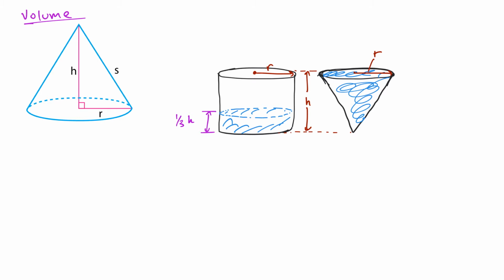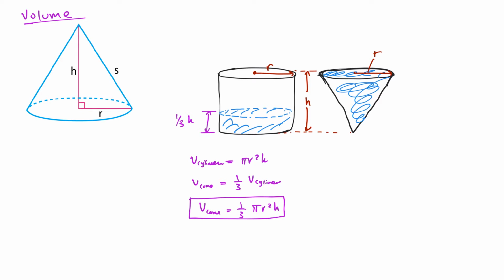And we can see that the volume of a cylinder is equal to pi r squared h, and the volume of a cone is equal to 1/3 of the volume of the cylinder, meaning that the volume of a cone is equal to 1/3 pi r squared h, and we can box this as one of the equations that we will be using for the rest of our course.